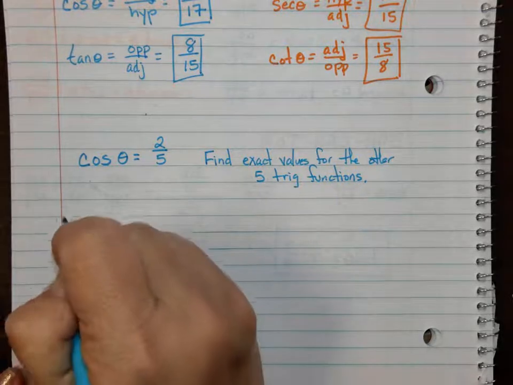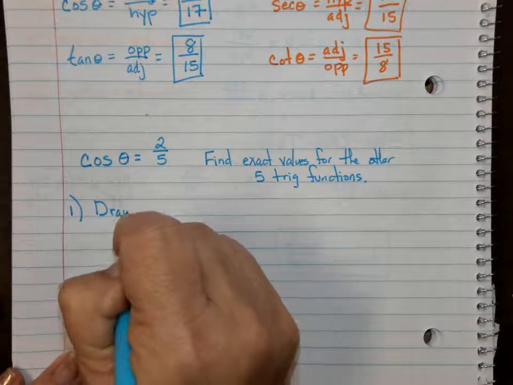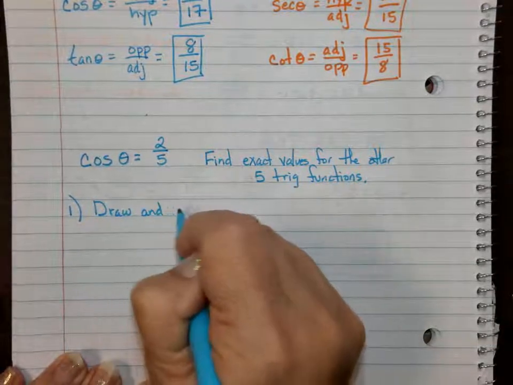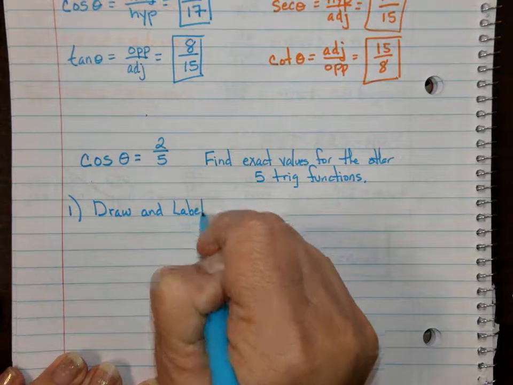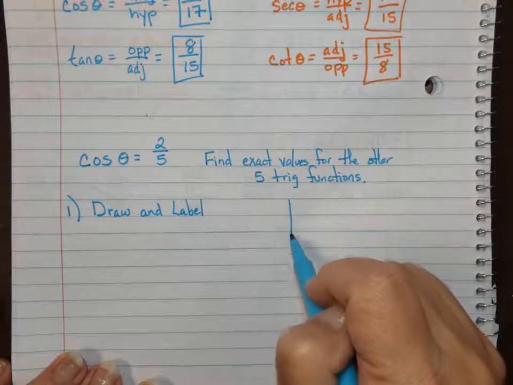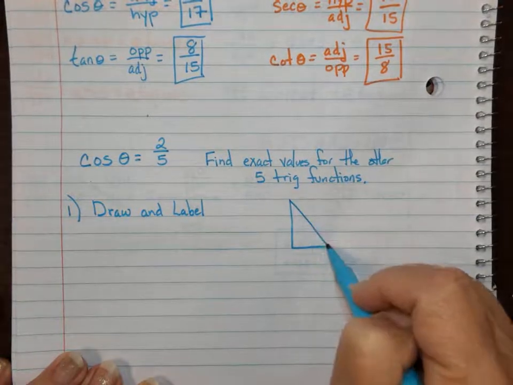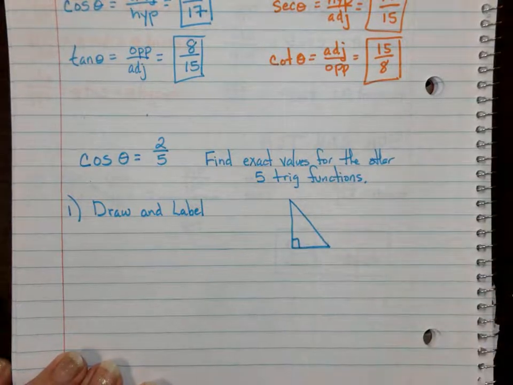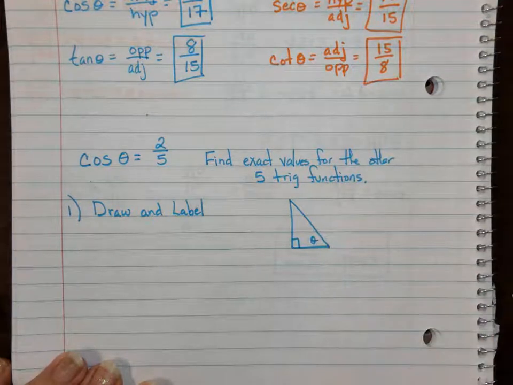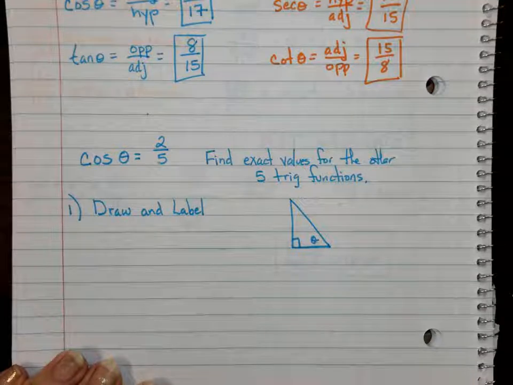So the first thing you want to do is draw and label. You want to create a right triangle. I don't know how you want to orient it. You want to put theta somewhere, and you want to label your sides.